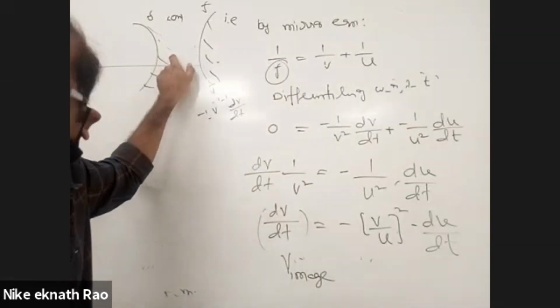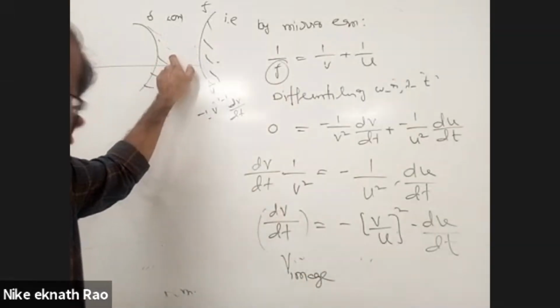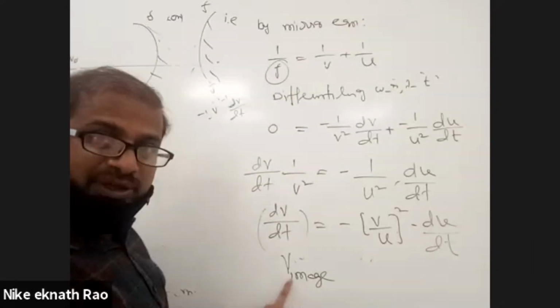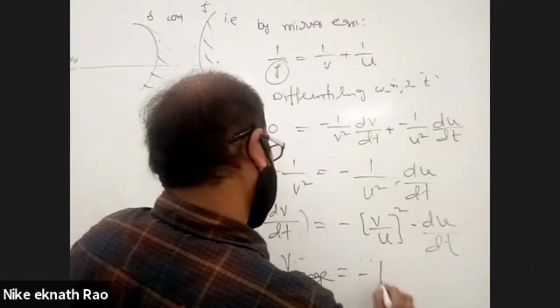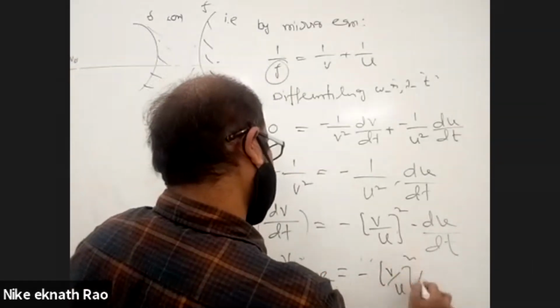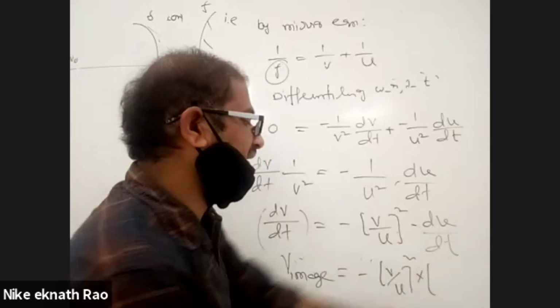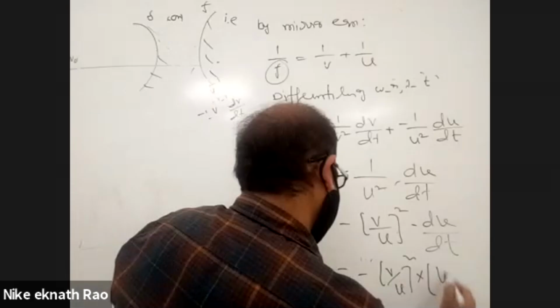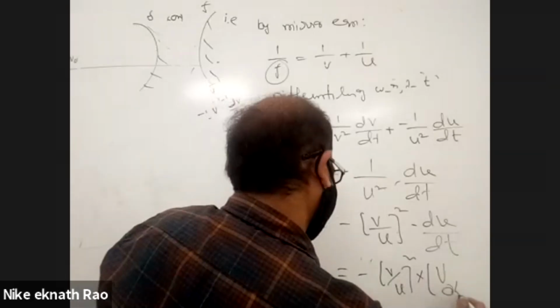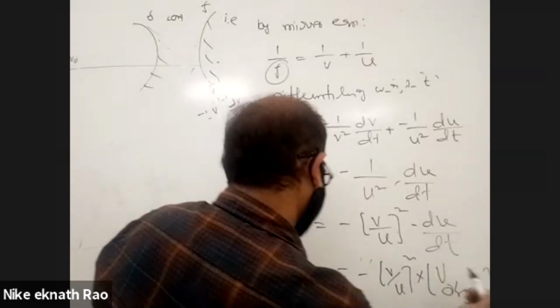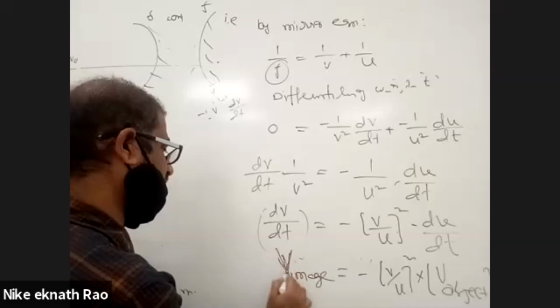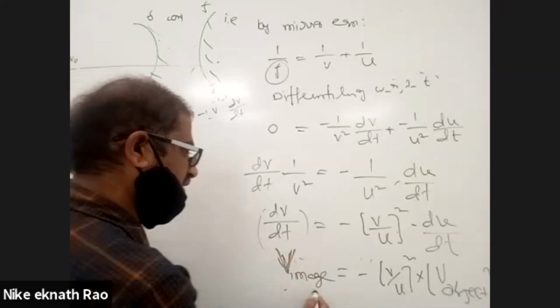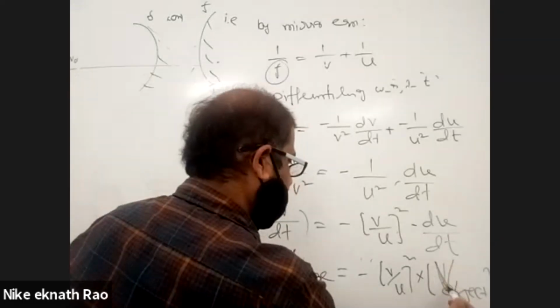Mirror is fixed here. So velocity of the image with respect to mirror is equal to minus (v by u) whole square into du by dt, which is the rate at which object distance is changing, called velocity of the object. Capital V is velocity of image, and this capital V is velocity of object.